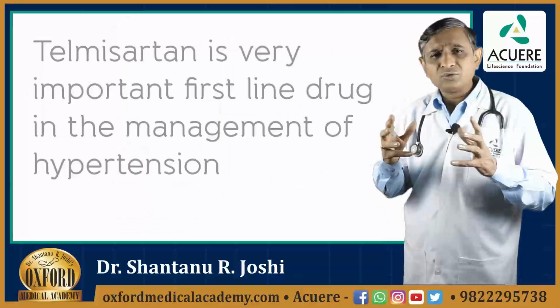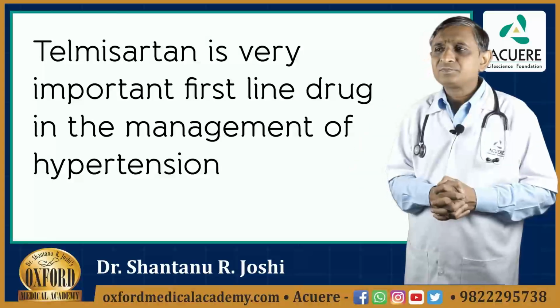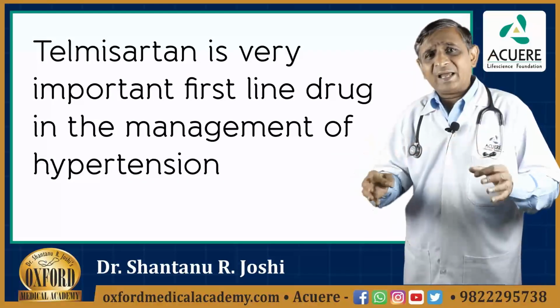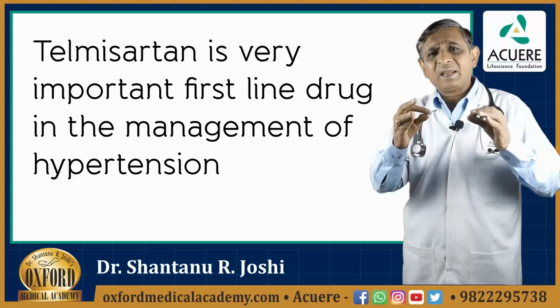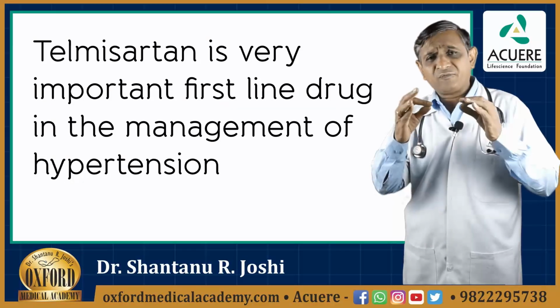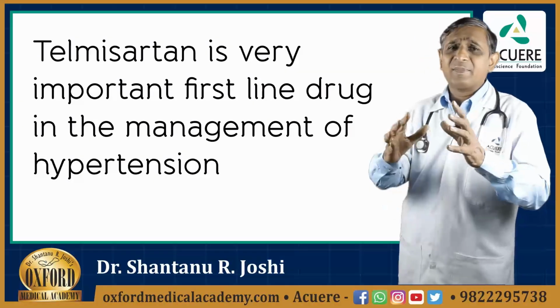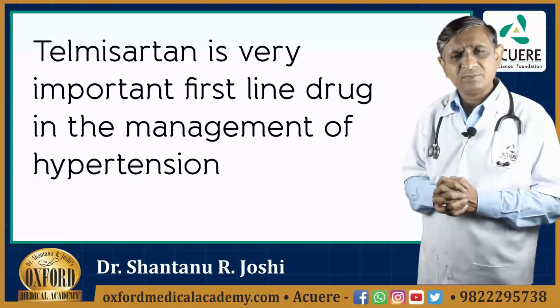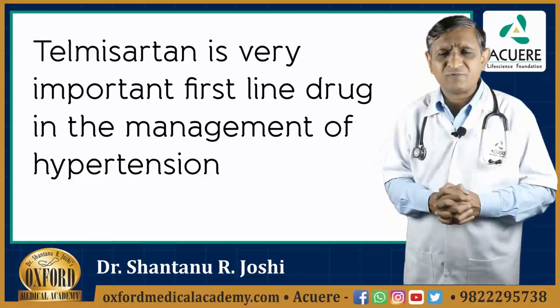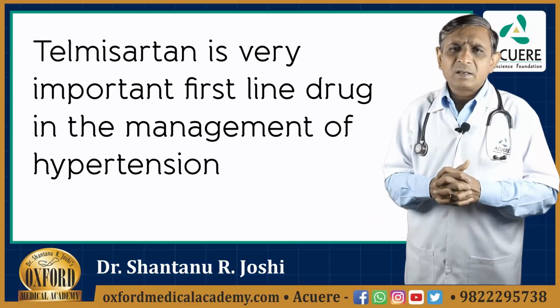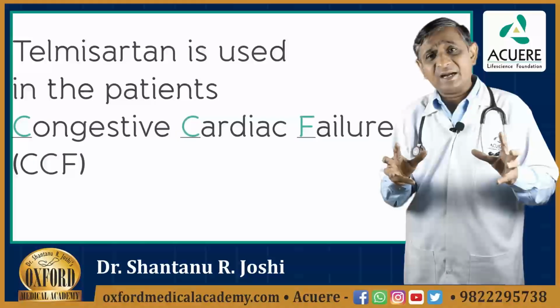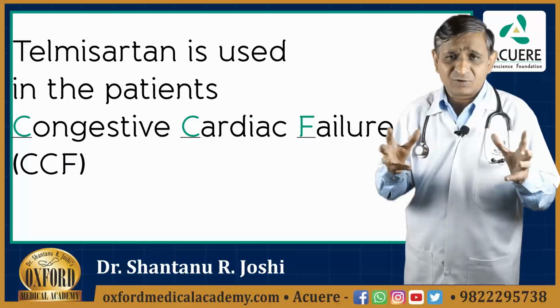Now, uses of telmisartan. Telmisartan is a very important first line drug in the management of hypertension. This is the primary indication for telmisartan. Then telmisartan is used in patients of congestive cardiac failure.